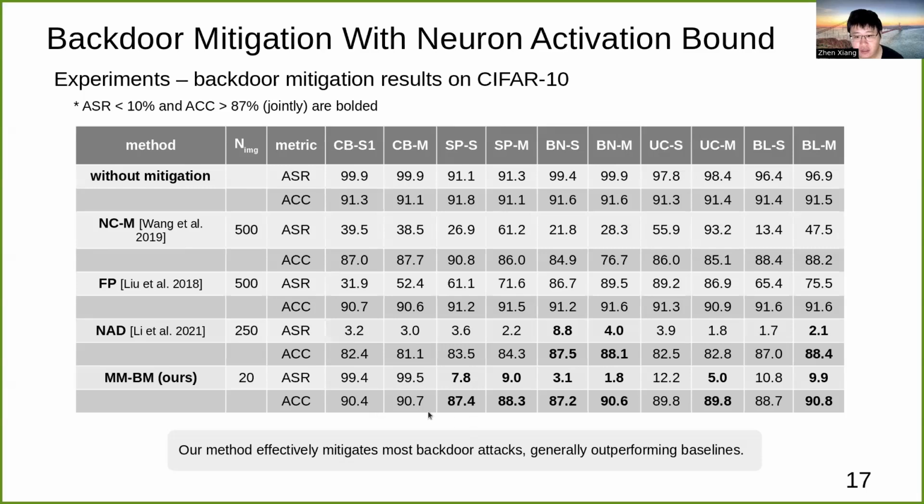And we observe that there are some failure cases on the chessboard pattern, which is very subtle, and it's possible for our method to be combined with other mitigation approaches because our method does not change the model parameters, and we can use other fine-tuning based methods and then apply our neural activation upper bound. And in our follow-up works that involve inference based on real-time test input, this performance will be further improved.